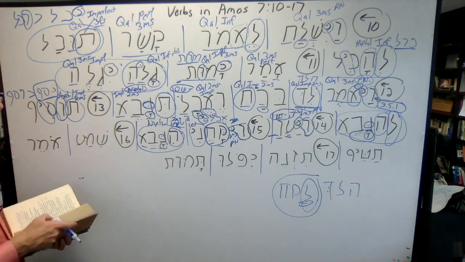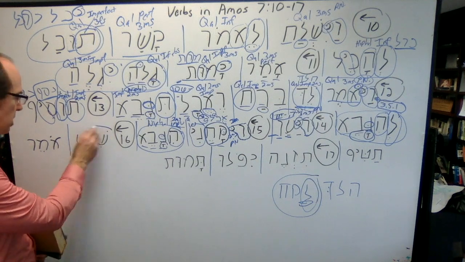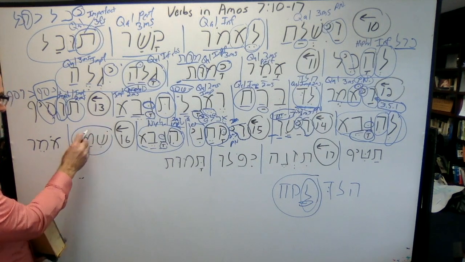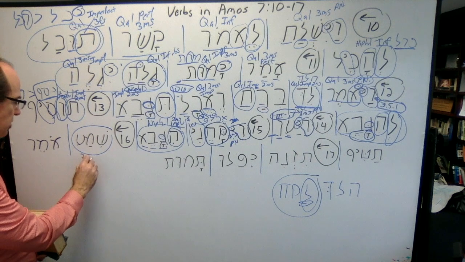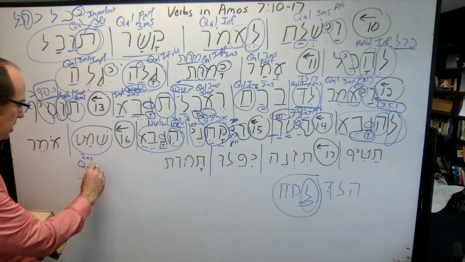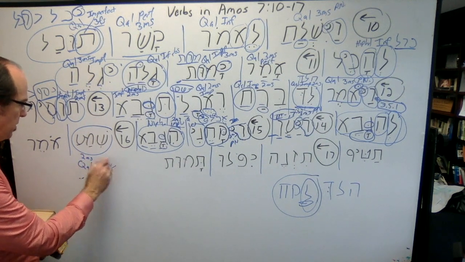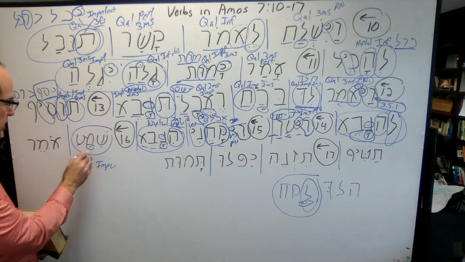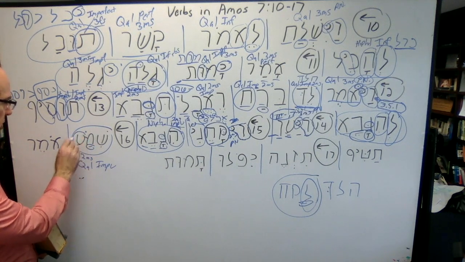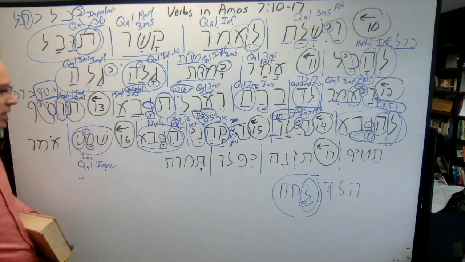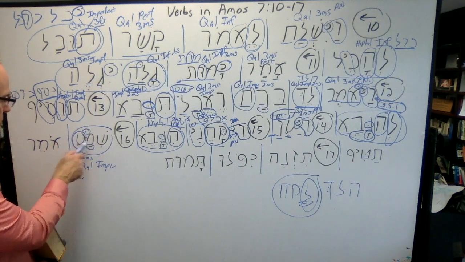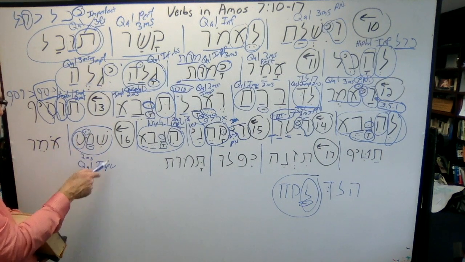All right, we're on the home stretch now. Verse 16, Shema. This is almost textbook. This is a second masculine singular qal imperative from Shema, only difference being this A-class vowel. If this were not a guttural, we would have had a holum here, but this is a third guttural verb, so we get the A-class vowel.